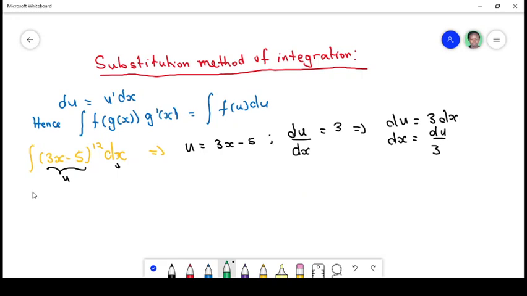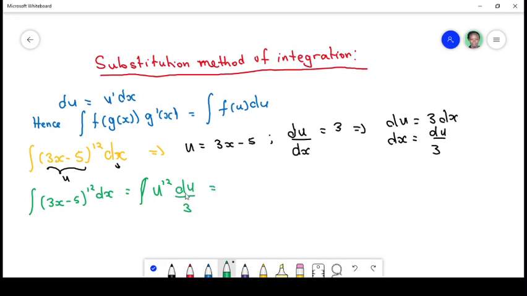So I want to write the integral of (3x minus 5) to the power 12 dx. Using the substitution, this is u, don't forget, to the power 12, and dx is now du divided by 3.